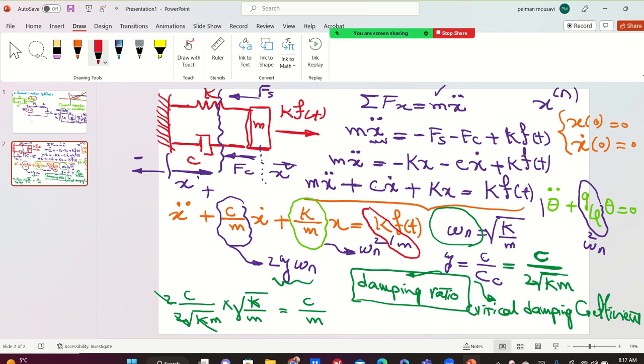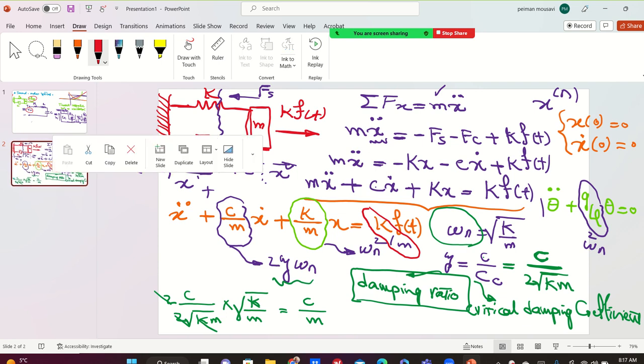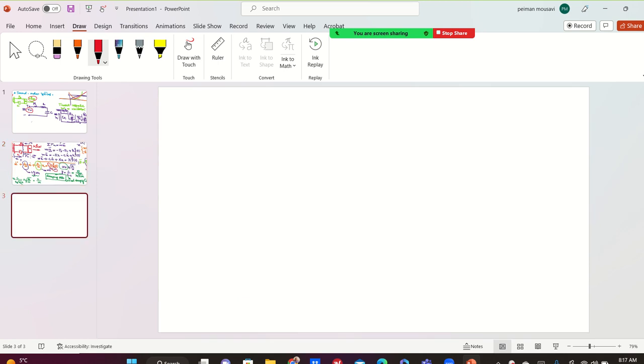Why am I doing that? Because I'm going to explain to you now. Can I go to the next page? Because when I'm writing this as x double dot, when I'm going to MATLAB for coding and simulating, it's going to be very interesting.